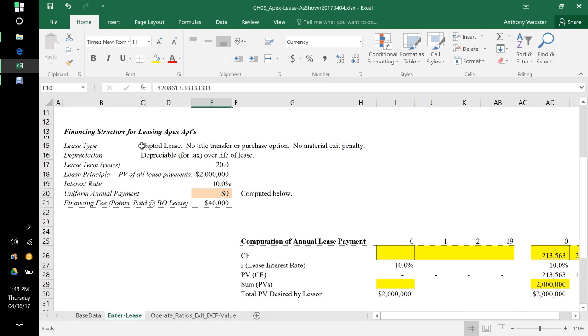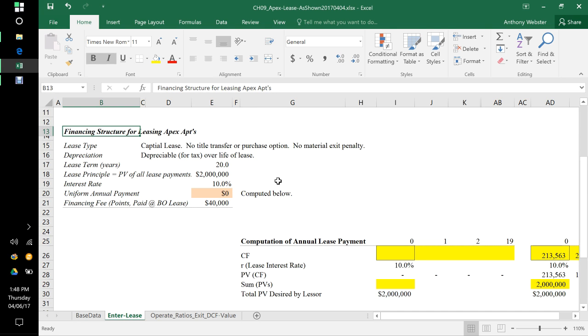And now we're positing that they have compared lenders and they have settled on a leasing company. They're going to lease the building. So this presumes the leasing company went ahead and bought the building from CAG instead of CMO.